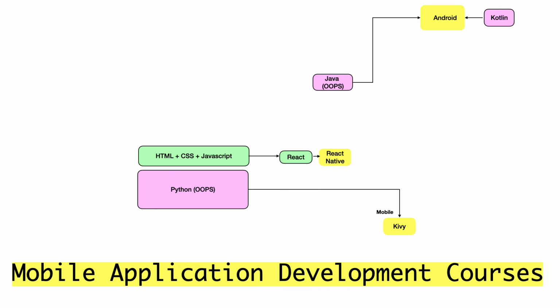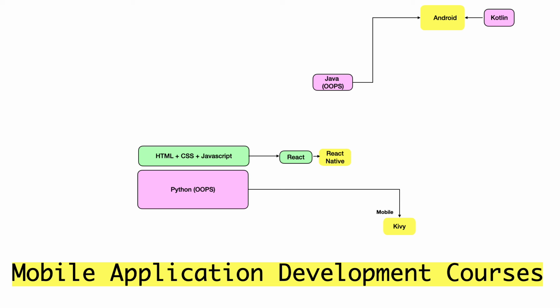So we have mobile application development courses, especially using Java. We can develop Android applications, although Kotlin is the more standard preferred language for Android application development. And we have cross-platform mobile application development using React Native.